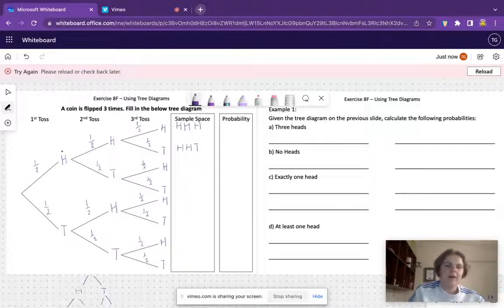So the numerator, 1 times 1 times 1, is 1. And the denominator, 2 times 2 times 2, 2 cubed, is 8. And we can see we've got 1/2 times 1/2 times 1/2 again. So we're going to get 1/8 for all of these. They're all equally likely. I'll show you one where they're not equally likely later.